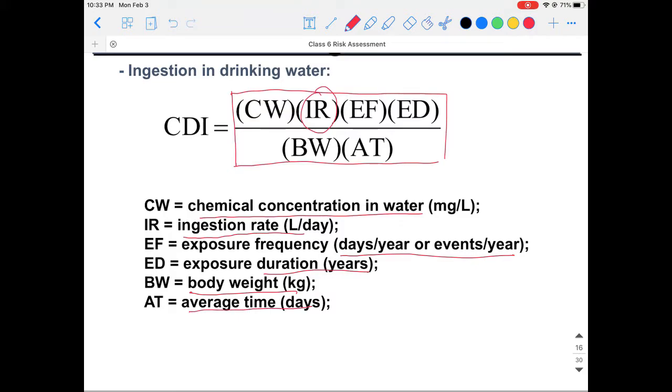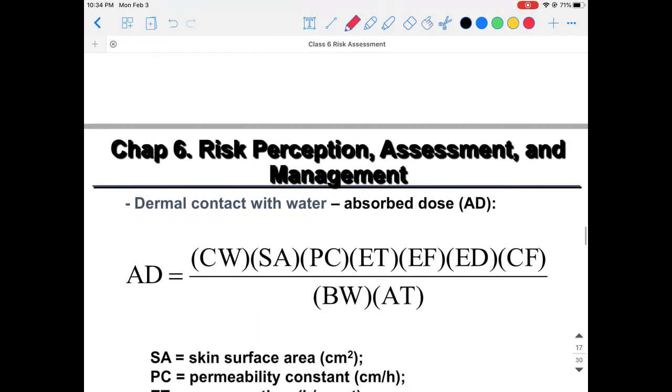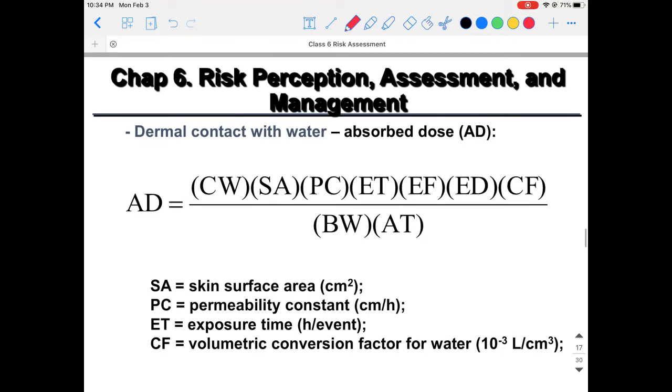Of course, we need to divide by the body weight, and then divide by the average time. So let's say we want to track the high concentration of mercury over 2 years. Then the average time is basically how many days there are over these 2 years.